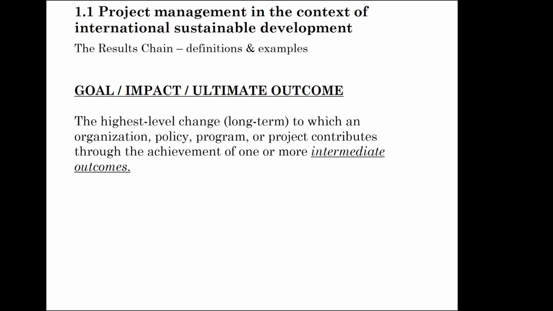It could be a goal written as increased food security of food insecure populations in region Y of country X. It could as well be formulated as improved equitable health of girls and boys under age 5 in rural areas of region X in country Y. So as you see, these are not results that can be achieved in the short run. These are only results to which the project, through your project interventions, can contribute in the long run.